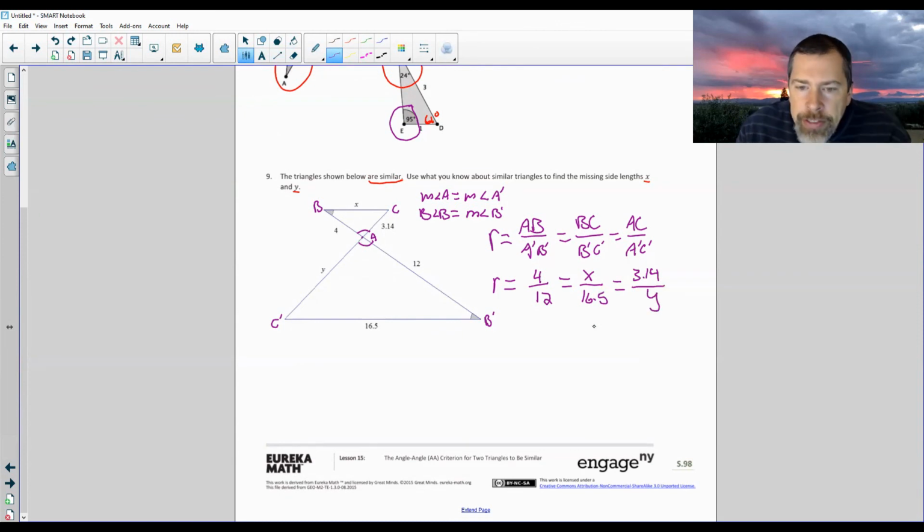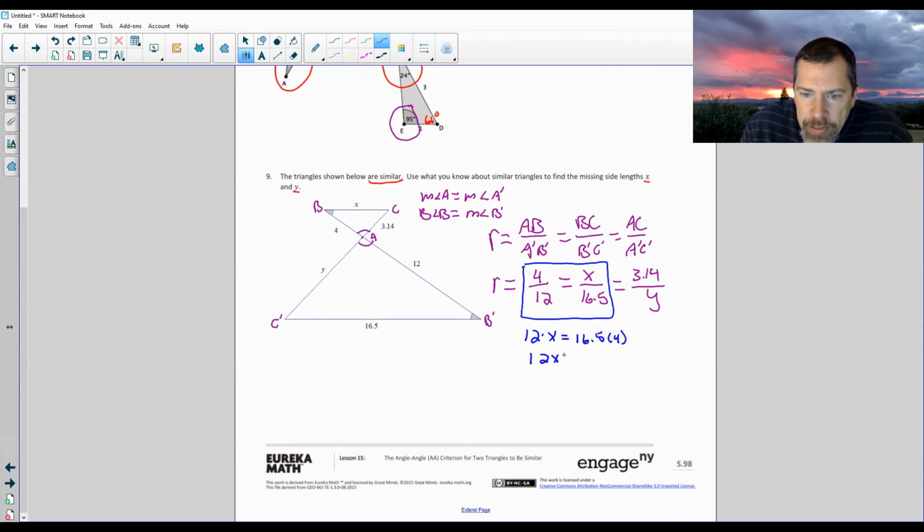Okay, so you're looking at this and you're probably thinking, wait a minute, there's two unknowns, we can't solve this. Well, these are all equal, so if I focus on this first, I can find X by cross multiplying. So 12 times X equals 16.5 times 4.